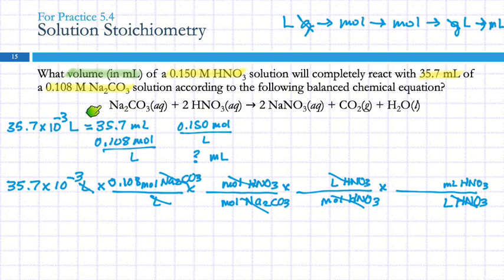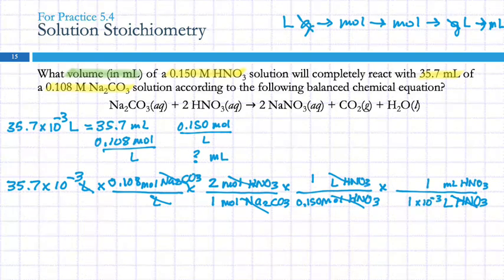So 1 mole of sodium carbonate reacts with 2 moles of nitric acid. So 1 mole of sodium carbonate, 2 moles of nitric acid. Here I've got moles per liter. That's molarity again, but this time moles is in the bottom. The concentration is 0.150 moles per liter, and so the 0.150 squeezes in down there.